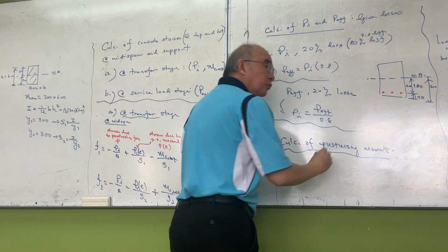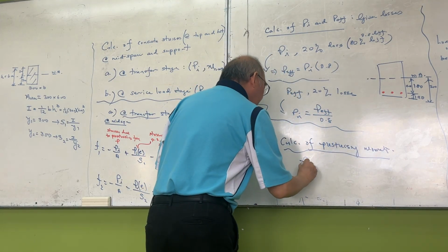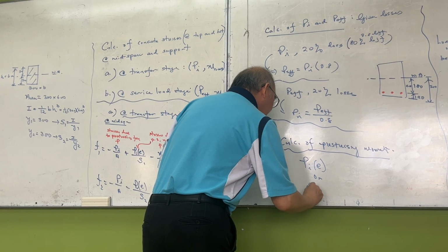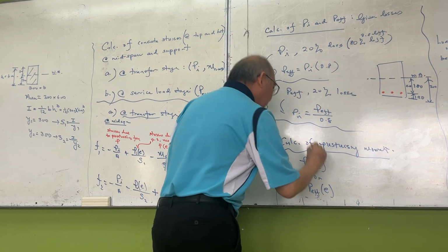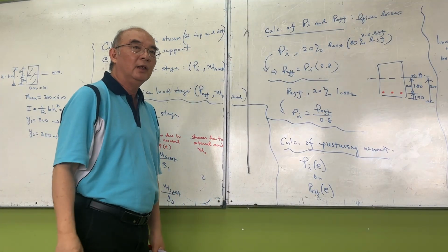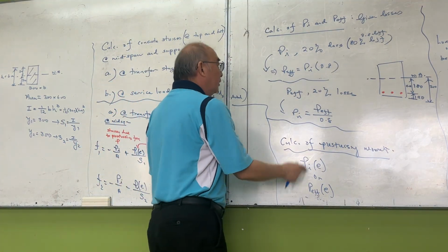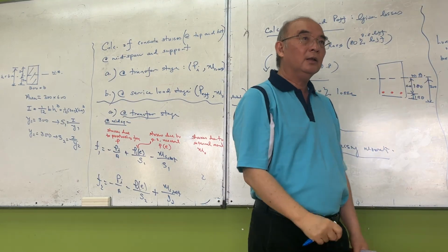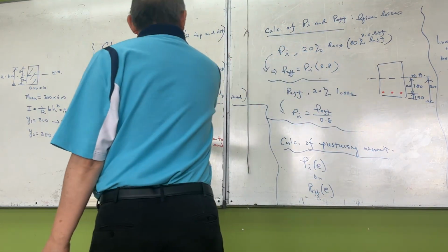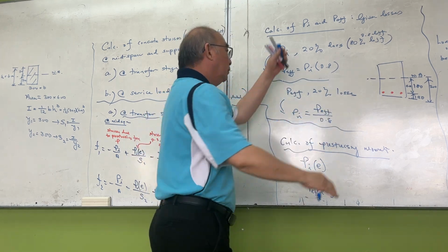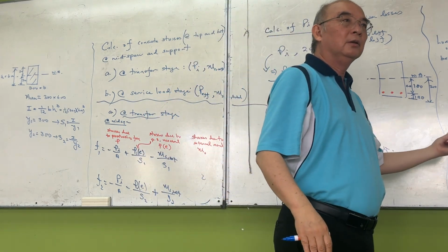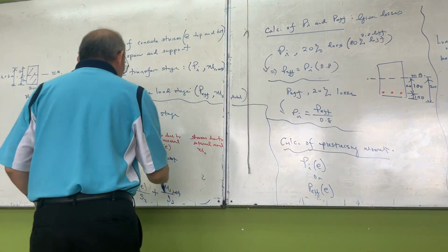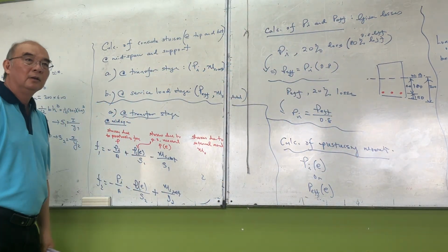Okay, pre-stressing moment is either P initial multiplied by E or P effective multiplied by E. P initial, P effective is here. E is this one. So these three steps, one, two, three, you should get right first. When all these values are right, then you do this one.